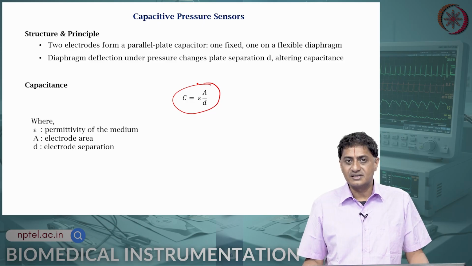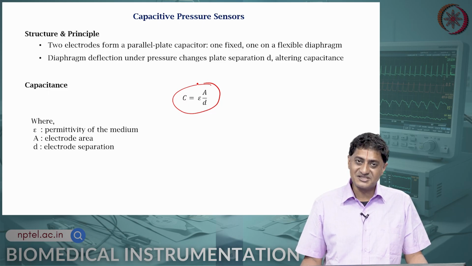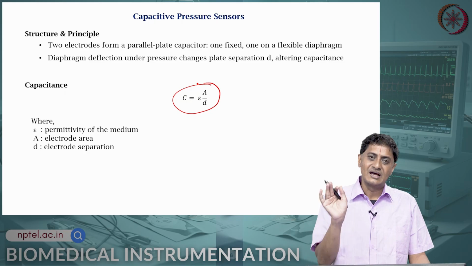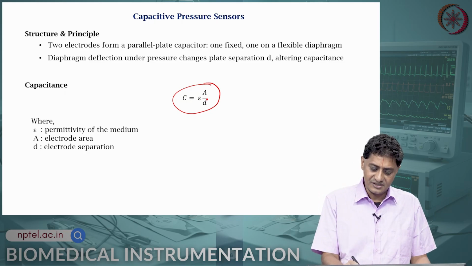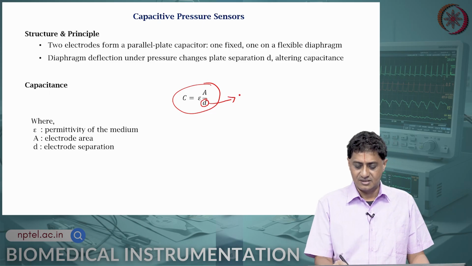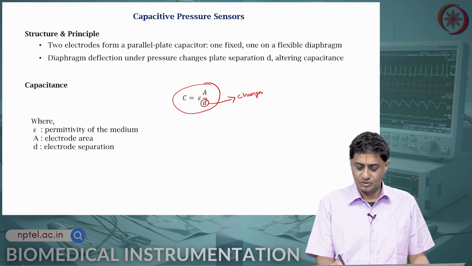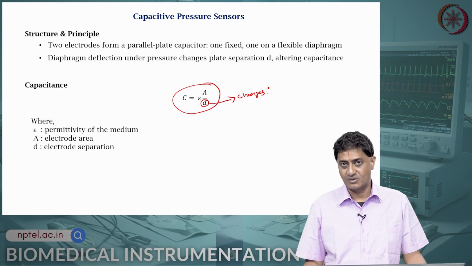In this particular case we are discussing epsilon A by d, in which epsilon remains the same and the area remains the same, and it is only the separation between the 2 plates that changes. How would it change? Why would it change?